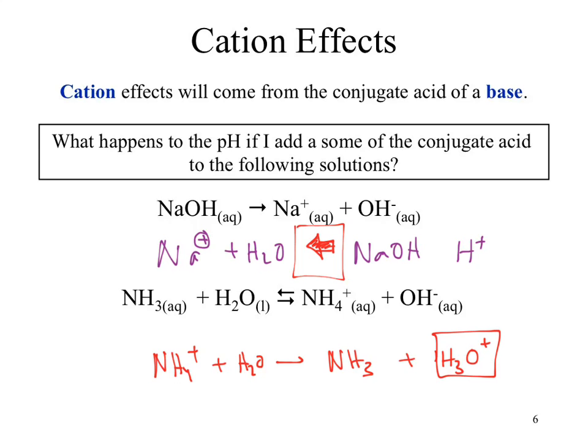What happens to the concentration of hydrogen ion? It goes up. I'm forming hydrogen ion as a product, or hydronium. What happens to the pH if the hydrogen ion goes up? pH goes down. We're becoming more acidic. Okay? Before we can make that official, we must evaluate our other species.